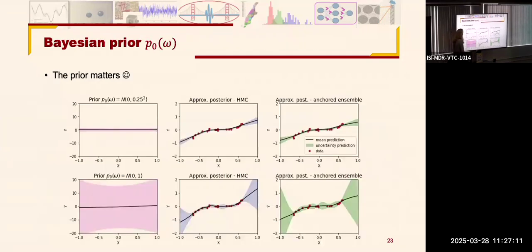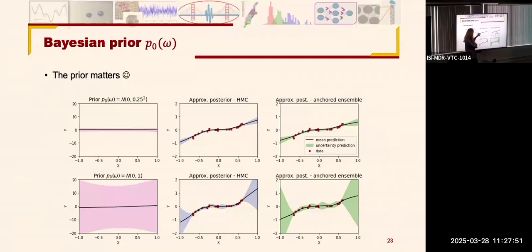As I said before, there has been a lot of work in Bayesian neural networks on how to design inference algorithms, right? HMC, variational inference, ensembling, things like this. But in our group, the thing that we really work on is the prior, because the prior really matters in Bayesian inference. Here I'm showing a zero mean prior with a certain variance, and I'm running HMC and anchored ensembling.